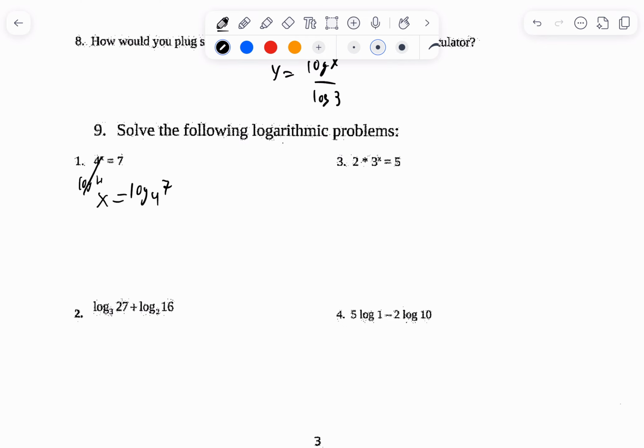So x equals log base 4 of 7. And then again, you just do top on the top, bottom on the bottom.